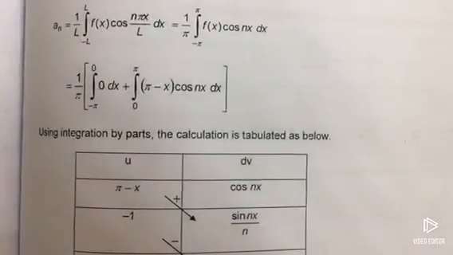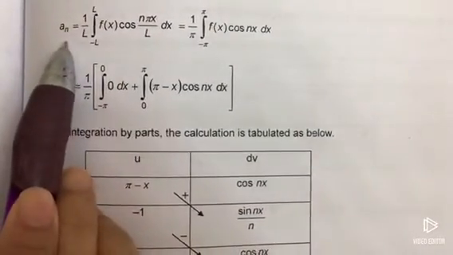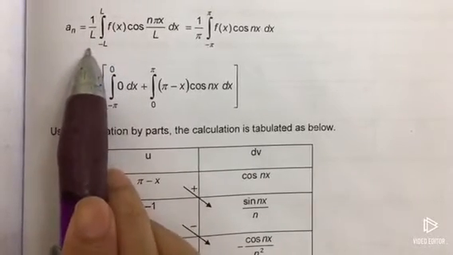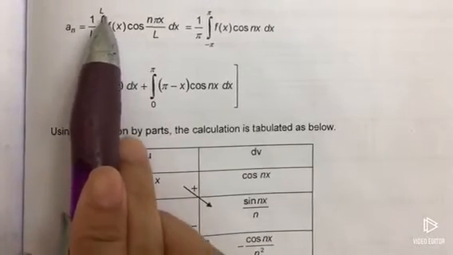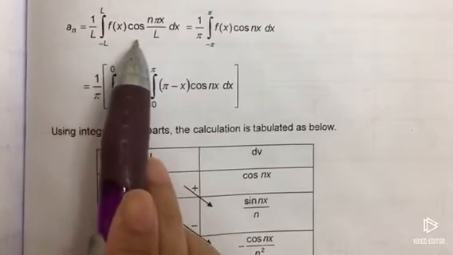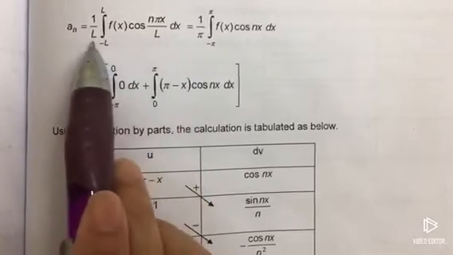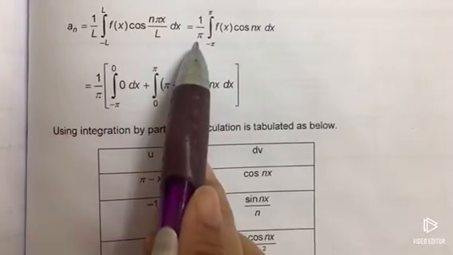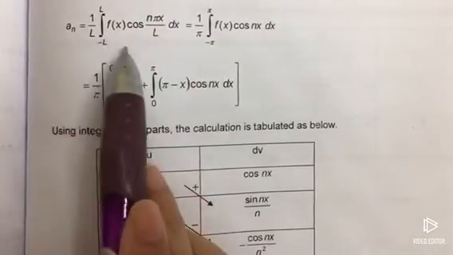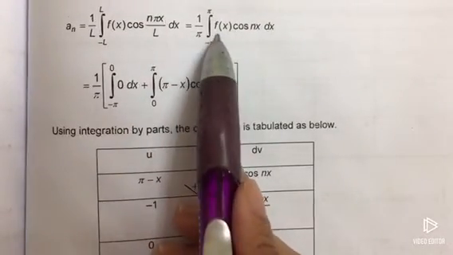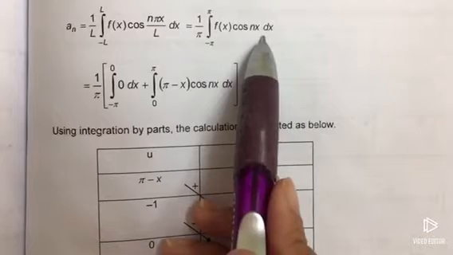Okay, next we find A n. The formula of A n is 1 over L, integral from negative L to L, f(x) cos(n pi x over L) dx. L is replaced by pi, so integrate from negative pi to pi, f(x) cos nx dx.